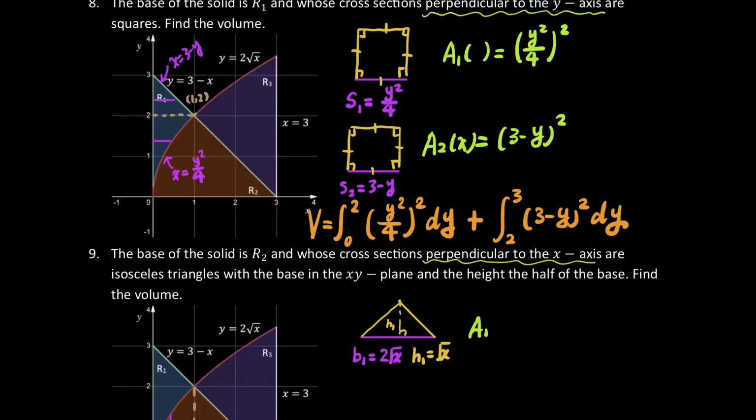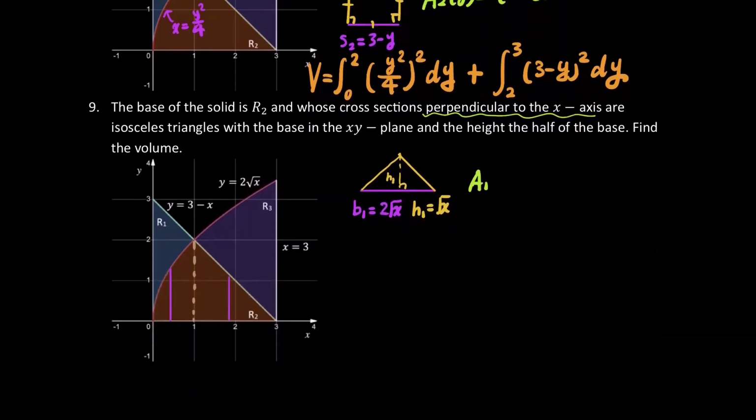Sorry. That's a of x. Please make the correction. Okay, so area function in terms of x, it's 1/2 base times the height.